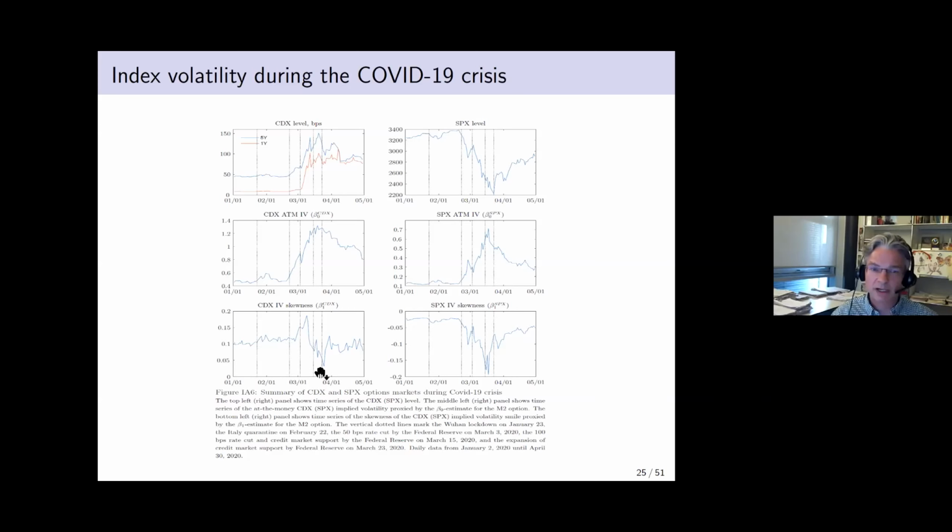The last two bars correspond to when the Fed announced some support for the credit market. As you know, there was a lot of talk of the Federal Reserve announcing that they might buy corporate bonds and in fact some corporate ETFs. So this might be a first cue as to why we have two separate markets. There might be slightly different factors affecting them differently.